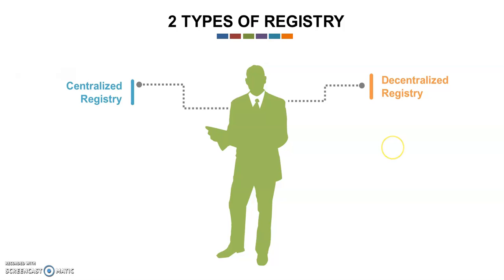Basically, small and medium size organizations will have the centralized registry in their practice, while big companies or large organizations will prefer to use the decentralized registry, where each department will manage their own current record.